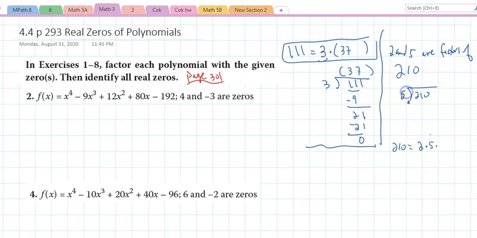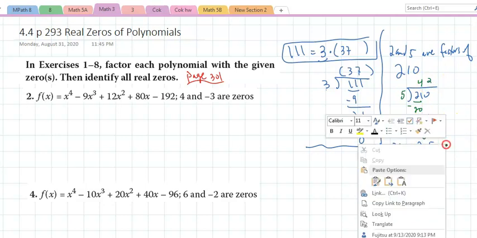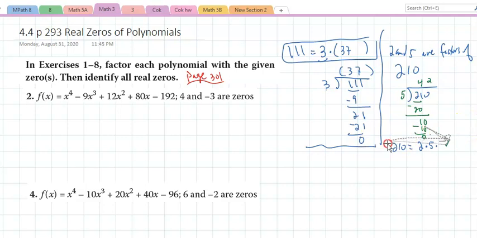If I write the 5 there, 5 divides 21 4 times, that's 20. Subtract. 5 divides 10 2 times, that's a 10. What does that mean? That means, so far this is what I got. 210 equals 5 times.